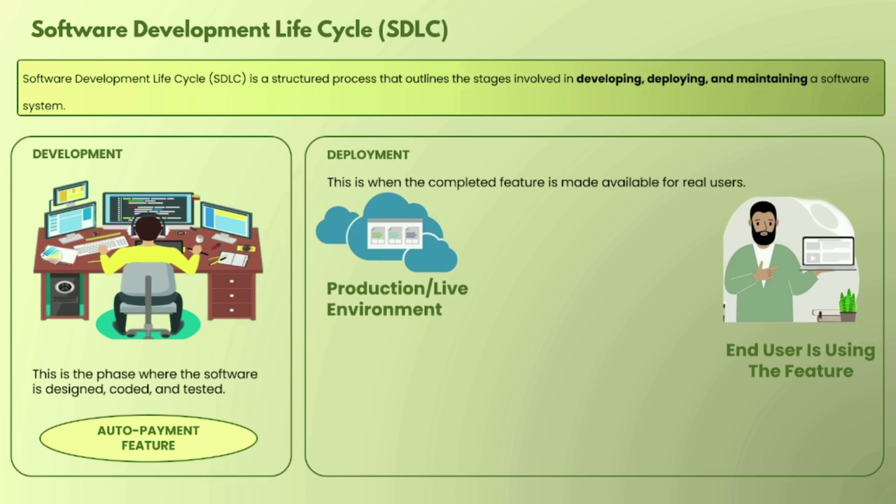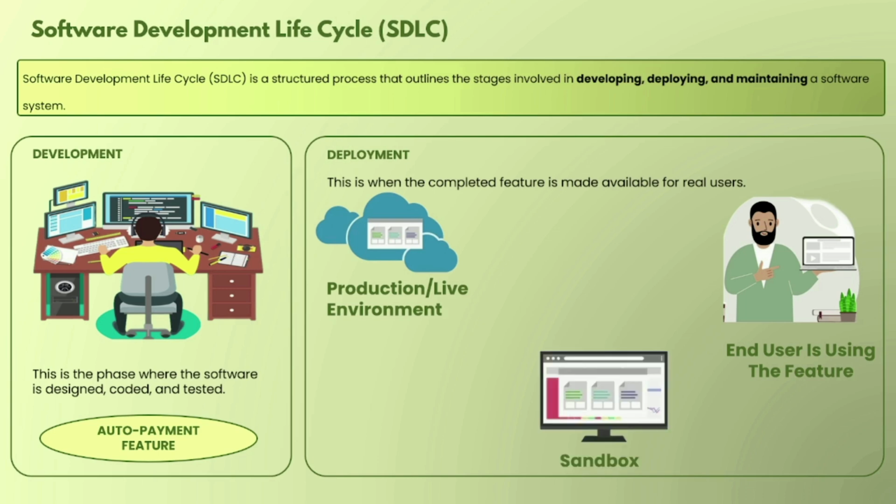We just broke it down with the example of YouTube. So where is it built, where does the developer start coding? Instead of building directly in production, which could cause issues, developers first create and test the feature in a parallel environment called a sandbox.